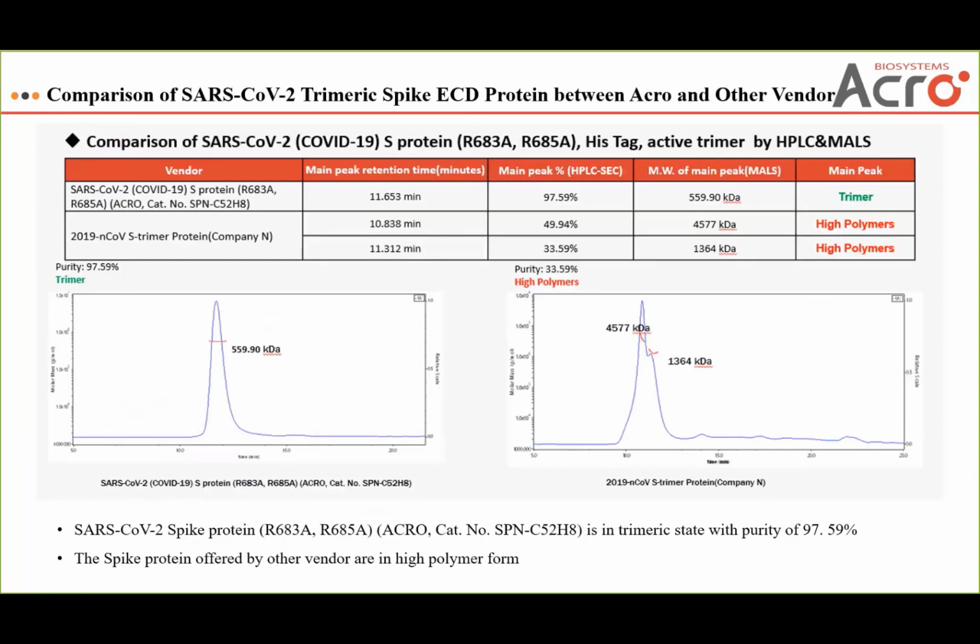We also performed SEC-MALS to compare our SARS-CoV-2 spike protein product with the protein offered by other vendors. As you can see from this slide, in contrast to Acro's trimeric spike protein product with conformational purity of 97%, the spike protein offered by other vendors are in high polymer form with molecular weight around 4,500 kilodaltons.